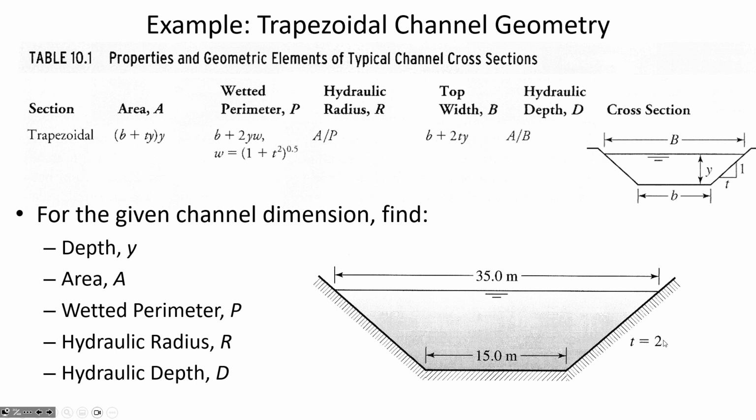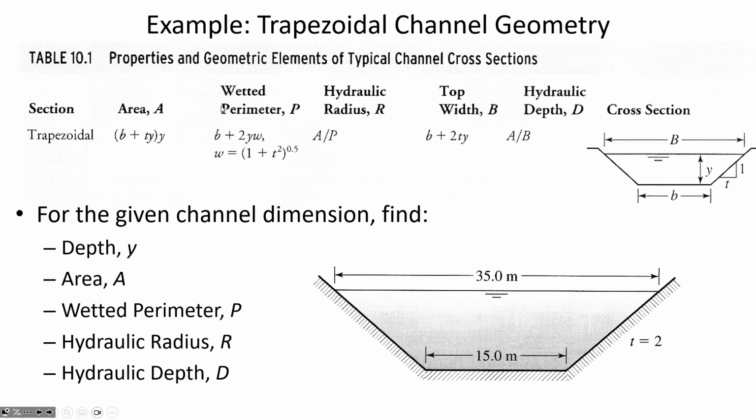So just to draw it a bit more clearly, we've got 10 here, y equals 5, because the side slopes here are 2 to 1. For every 2 units of horizontal, 1 unit of vertical, so here's horizontal 10, vertical should be 5. All right, so that gives us the depth, y.